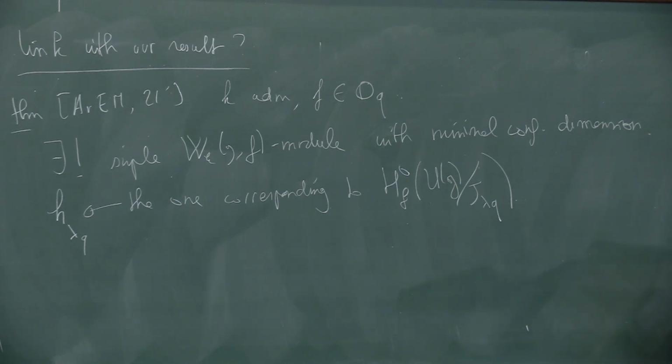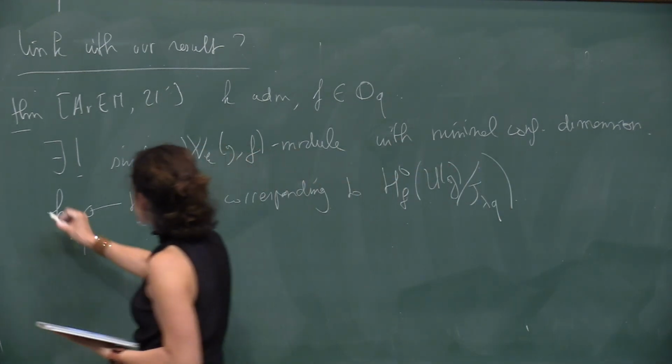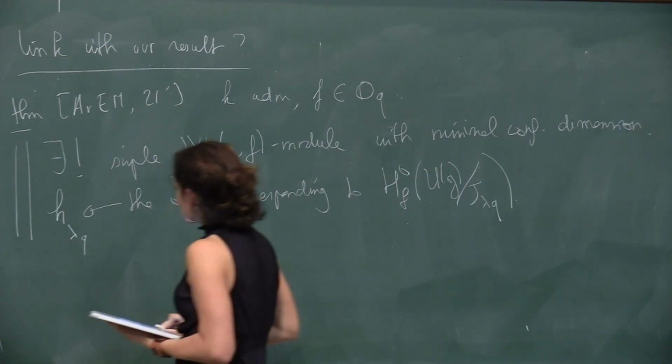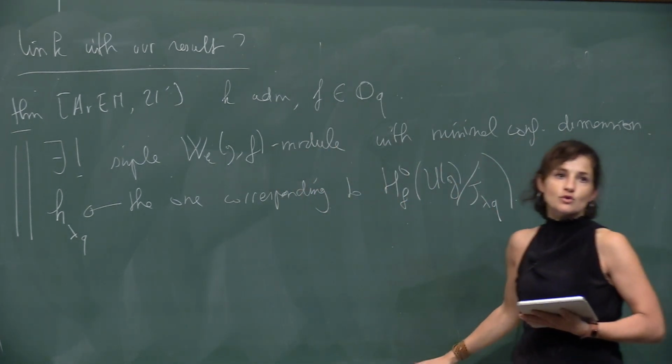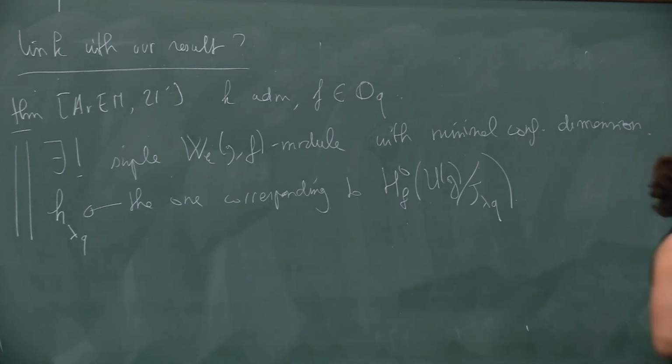Okay, so this conformal weight can be computed thanks to the λ_q that we obtain. And why is this interesting? Because we have a conjecture which is a bit more general than this, and this statement proves the conjecture in this setting. So I finish with this conjecture to motivate that result.